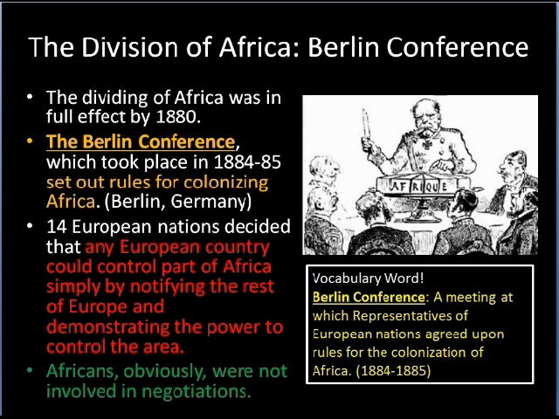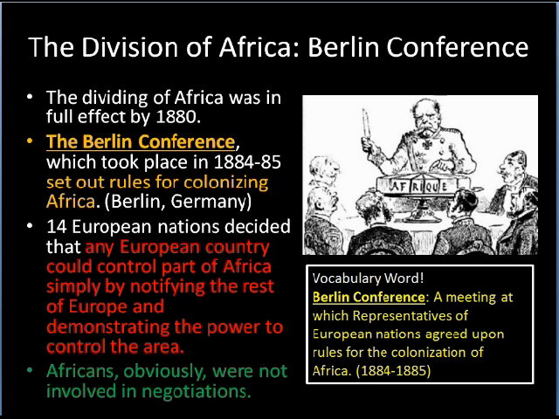It should also be noted here that African nations were not consulted in any way during this conference. No African leader or monarch was, in fact, invited to attend, and so the conference basically sealed Africa's fate without their being consulted.